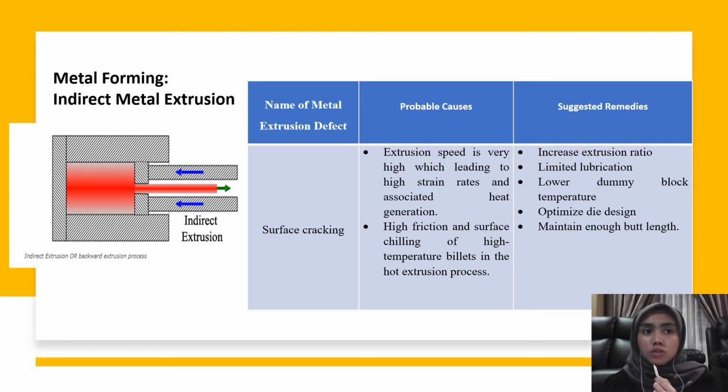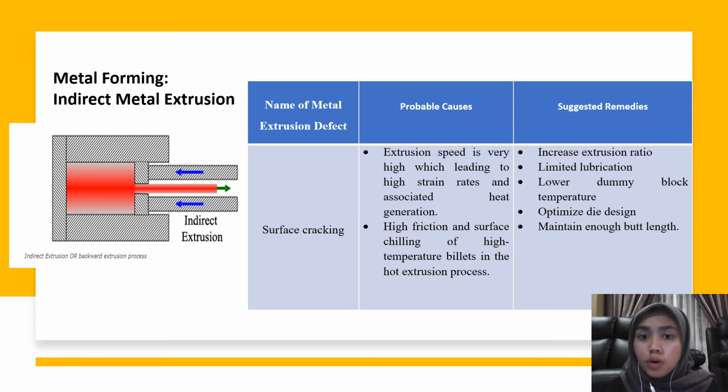Moving on to the next main point of this project, which is the normal defect that occurs in the manufacturing process. In indirect metal extrusion, it is surface cracking. The probable cause might be that the extrusion speed is very high, which leads to high strain rates and associated heat generation.